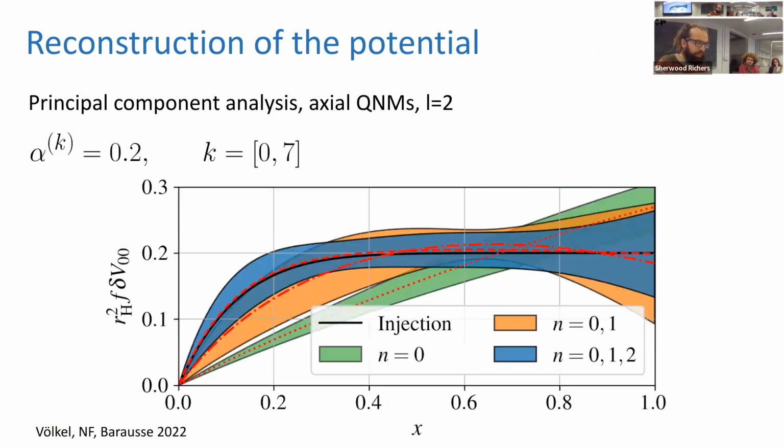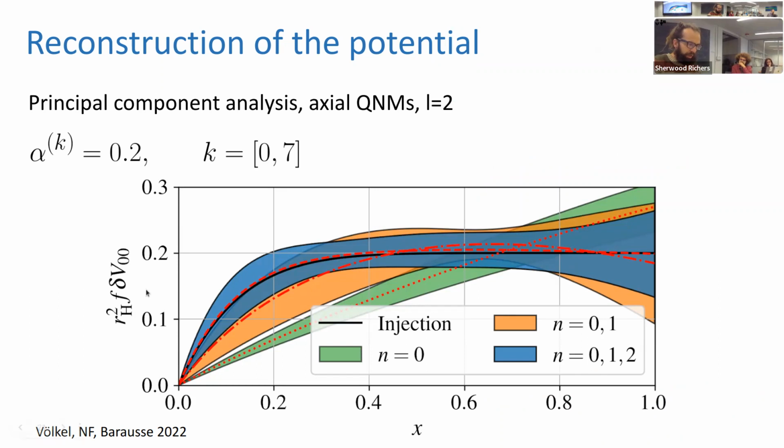Once we do this, the first thing we checked, through this principal component analysis, is to reconstruct the potential, injecting this set of alpha k, for k from 0 to 7, for some axial quasi-normal modes and L equal 2.